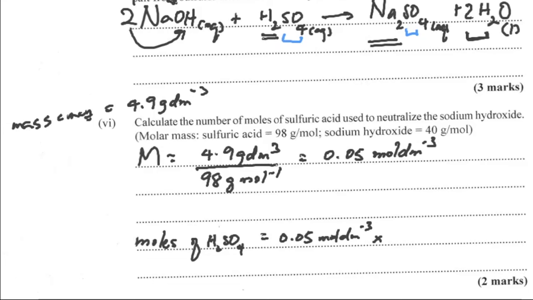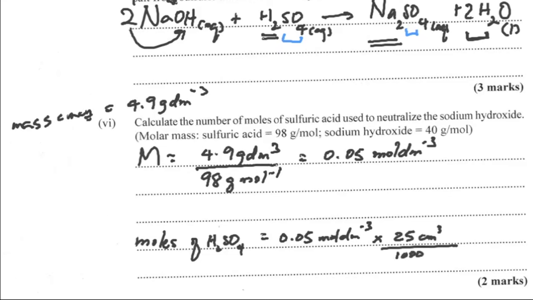So to convert the 25.05 cm cube to dm cube, we divide by 1000.